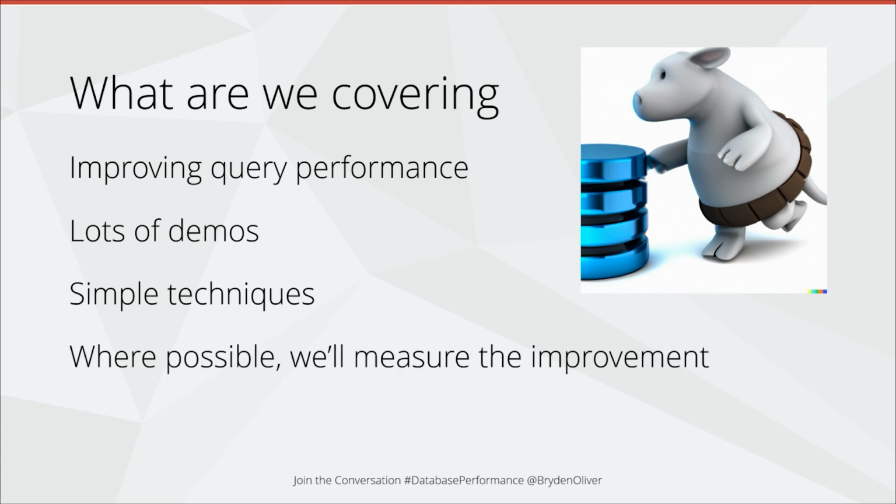And finally, I'll show you how you can measure the improvement and how, if you get a DBA involved, how they would measure the improvement. It's also really simple, so you can do this yourself and understand how to measure the difference between, say, two queries you're going to try, which one is actually performing better.